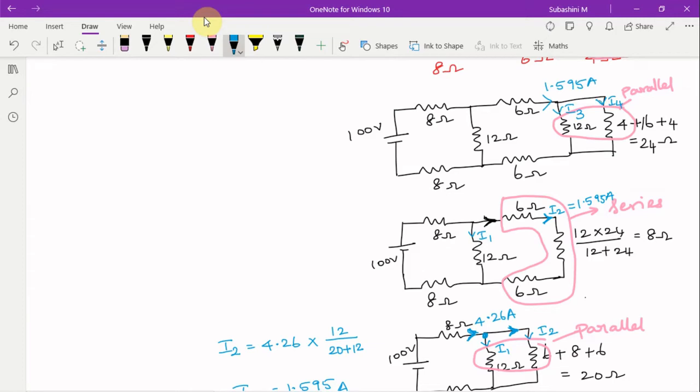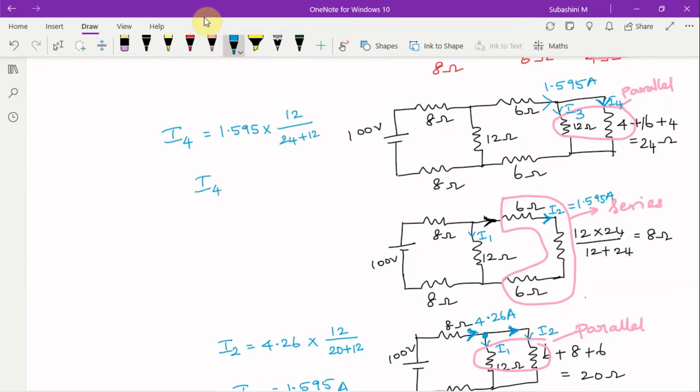I am interested in finding out the current through the 16 ohm resistor, so I am going for finding I4. I4 is equal to the total current coming inside, 1.595, into the opposite value of resistance, 12, divided by 24 plus 12.